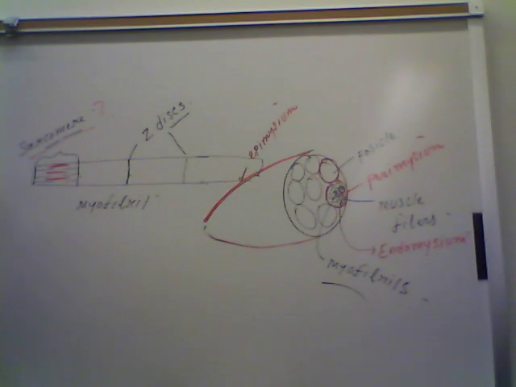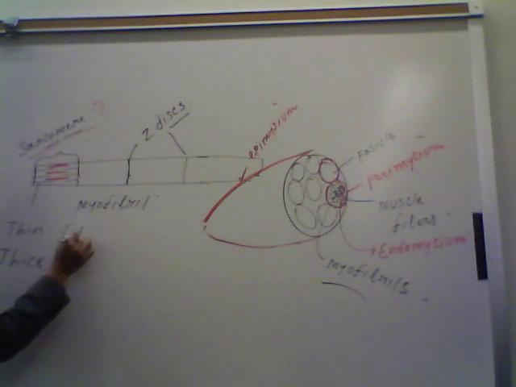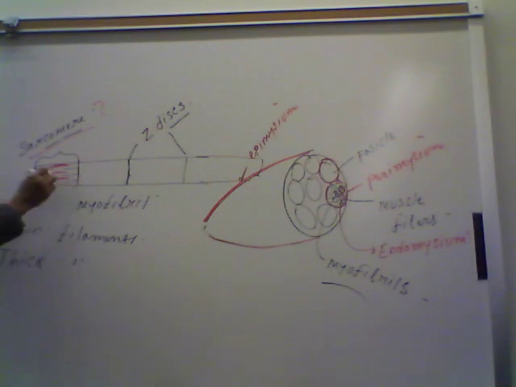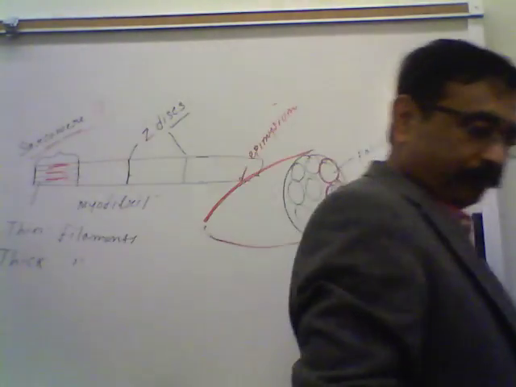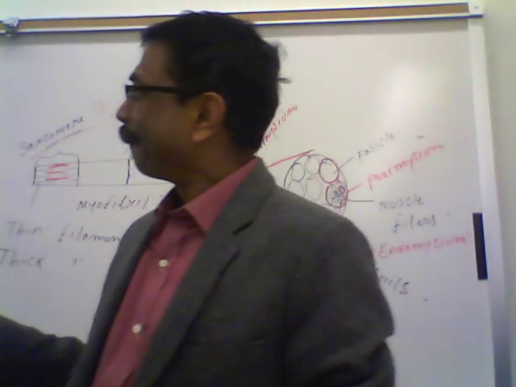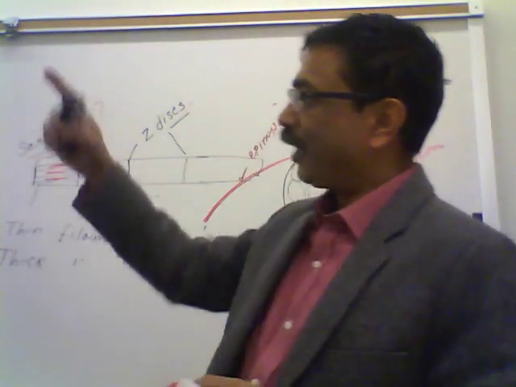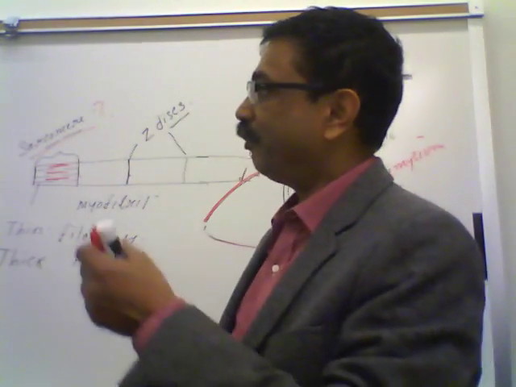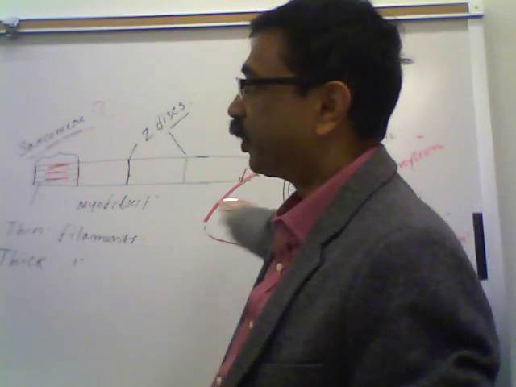Okay, so inside the sarcomere, you have thin and thick filaments. This is thick filament. This is thin filament. We'll talk about that. Here you see the whole muscle, then muscle fascicle, then muscle fiber, and inside the muscle fiber you have the myofibrils. The same thing that I have shown here.